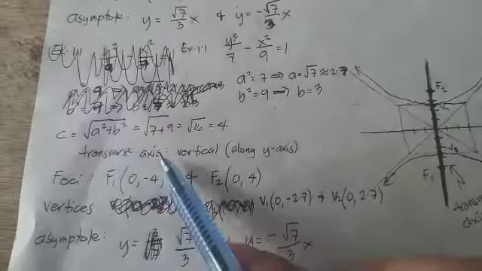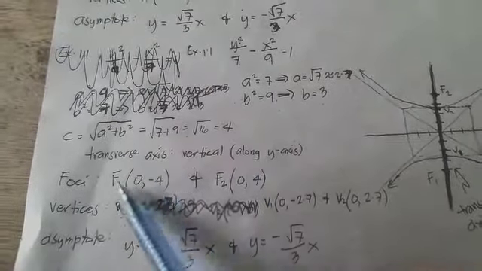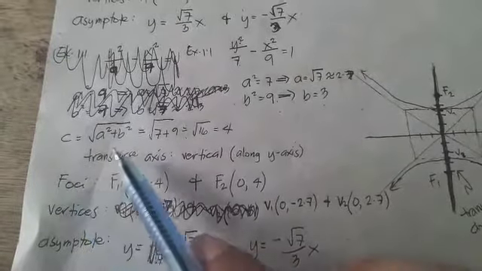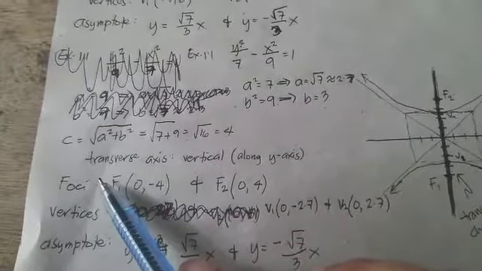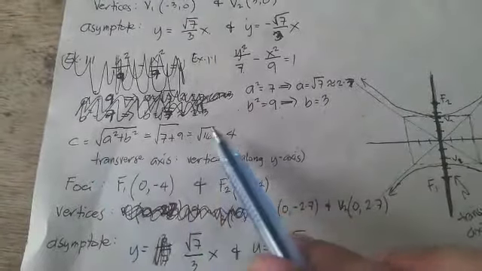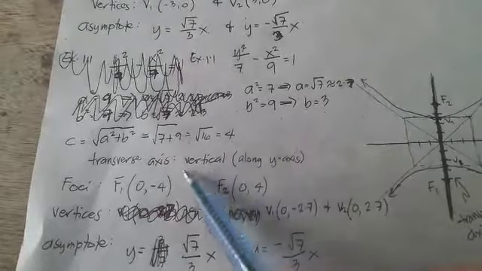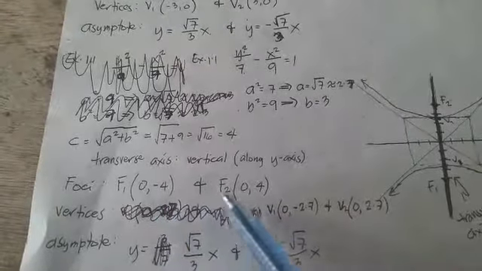Remember that the transverse axis is vertical or along Y. It means, in identifying the foci, the foci is C distance from the center. So the value of C is 4, and we place the 4 along Y. So 0, negative 4, and 0, 4.